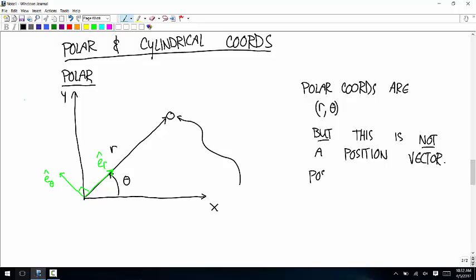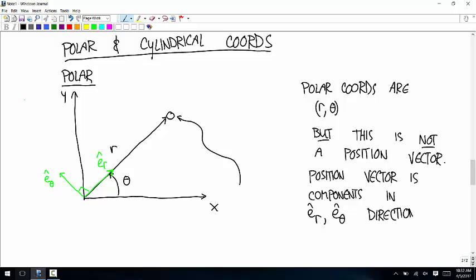The position vector then is the set of components in the ER, E theta directions going to the particle from the origin.